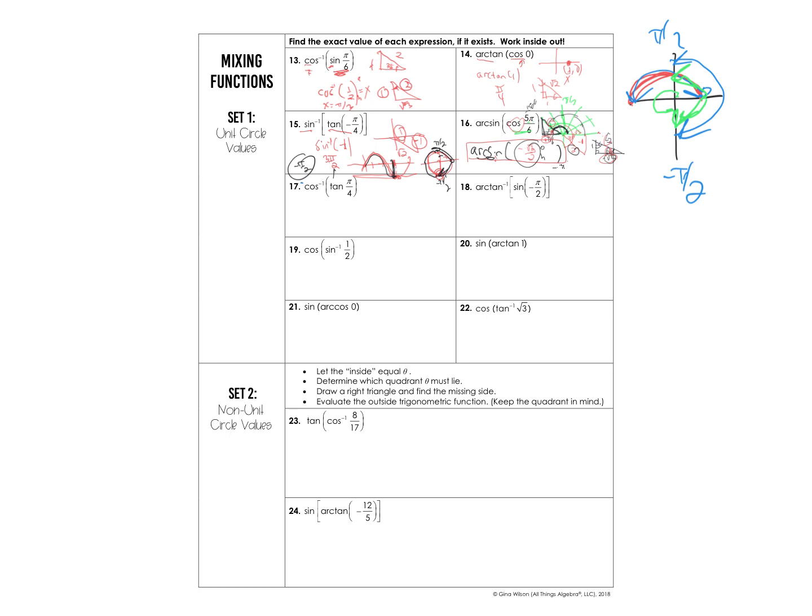Negative pi over 3 would have to be the angle that I'm allowed to use in this quadrant right here to give me the picture that matches up. Negative 60 degrees. Because sine of 60 is square root of 3 over 2. Sine of 60 is square root of 3 over 2. Told you they're difficult. All right.